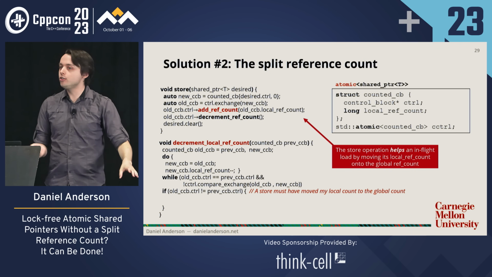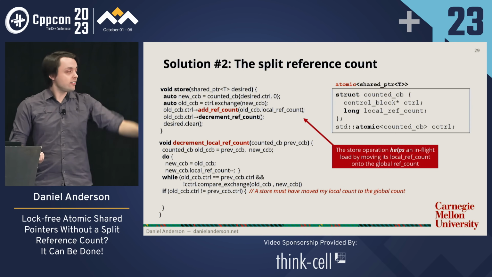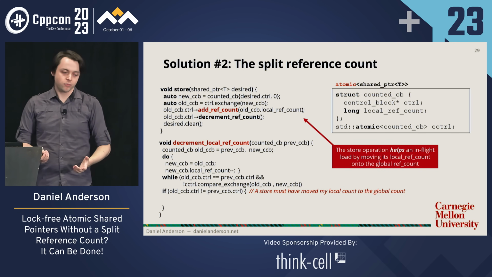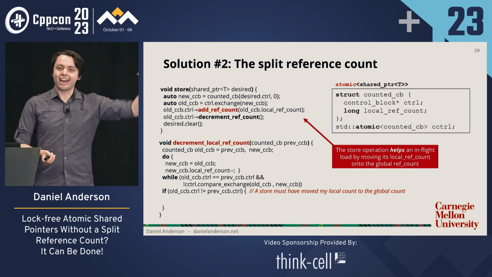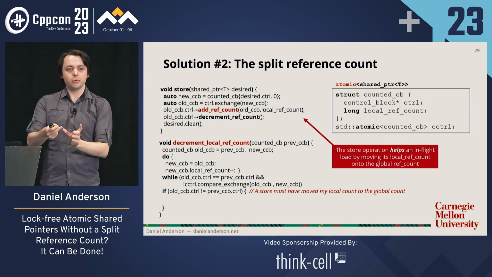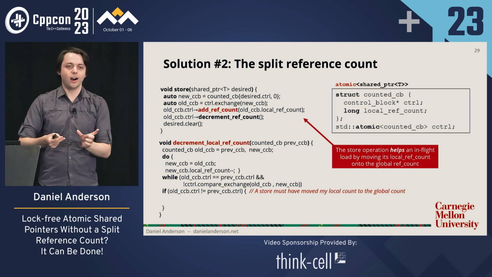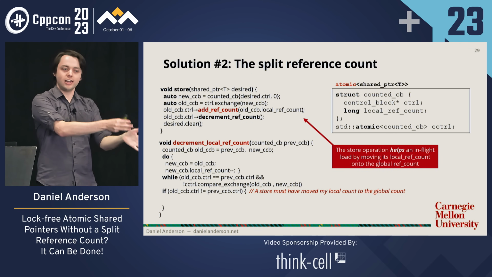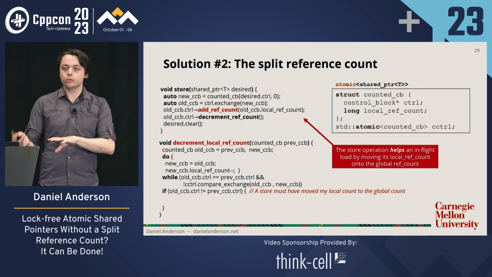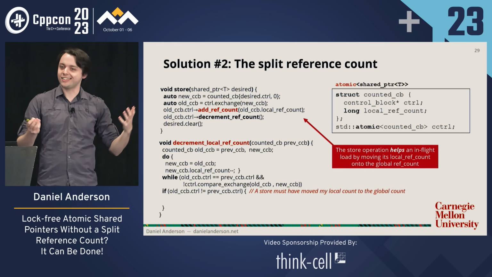Someone has changed the control block completely. Well, if a store has changed the control block completely, then that means that store is going to add its local ref count onto the global ref count. So that local ref count we were trying to decrement, we know where to find it now. It's not there anymore. It's now on the global ref count. It's been added to the global ref count on our behalf to protect us.